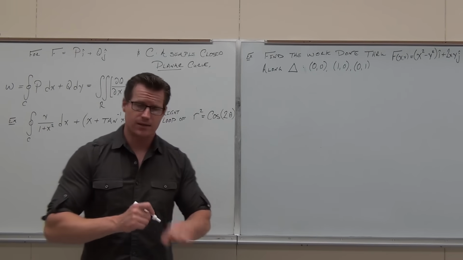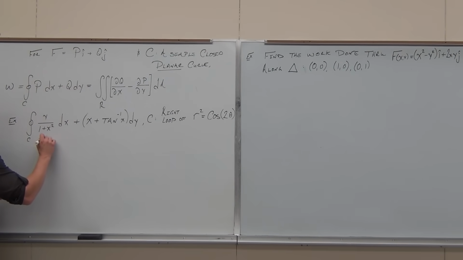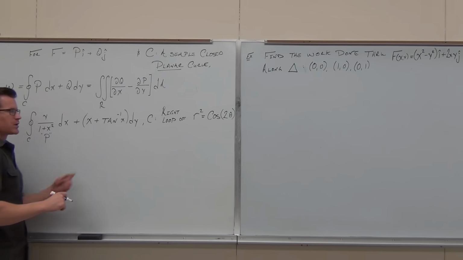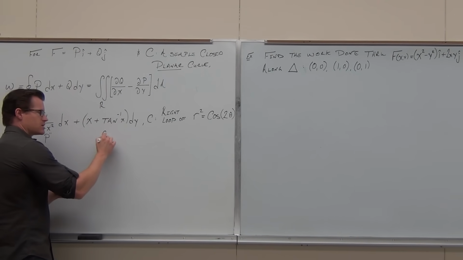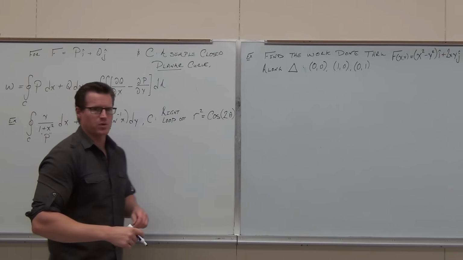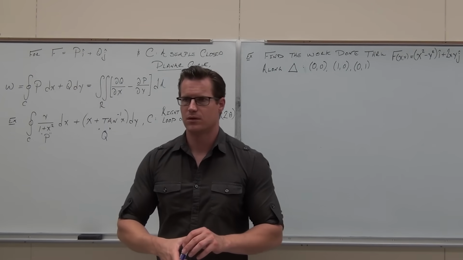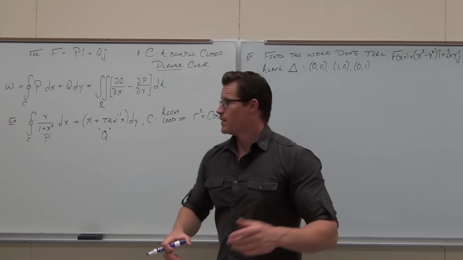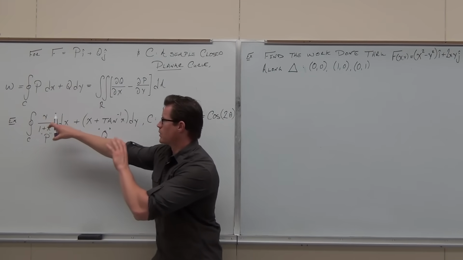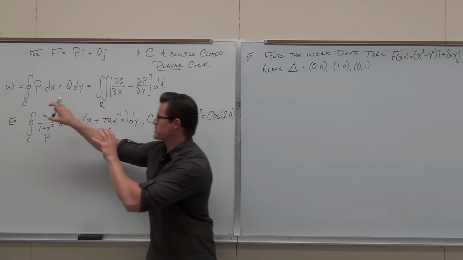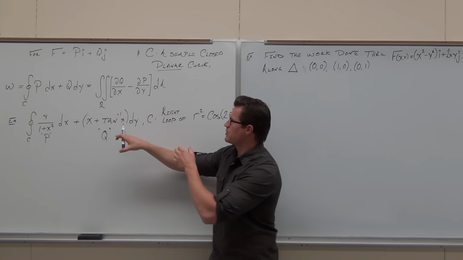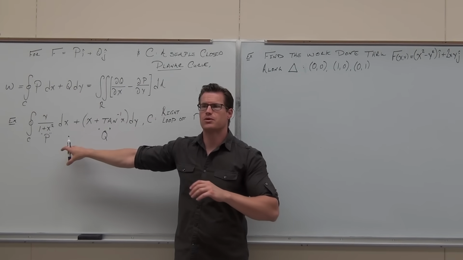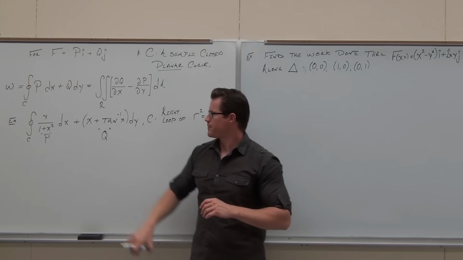So I'm looking for the dx, and the piece right in front of that is P. I'm looking for the dy, the piece right in front of that is Q. I know you guys are okay with that because we practiced that a lot last time. Now, because we have a line integral over a simple closed curve, it's representing work, Green's theorem is going to apply. Can you please try to set up Green's theorem for me?